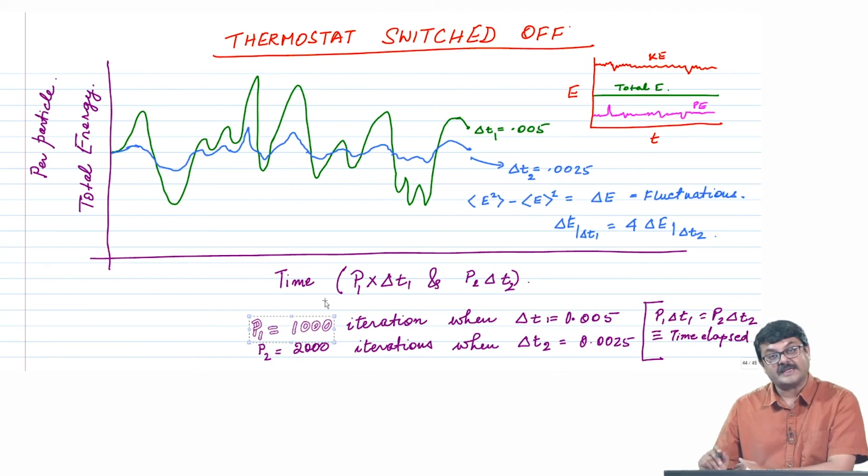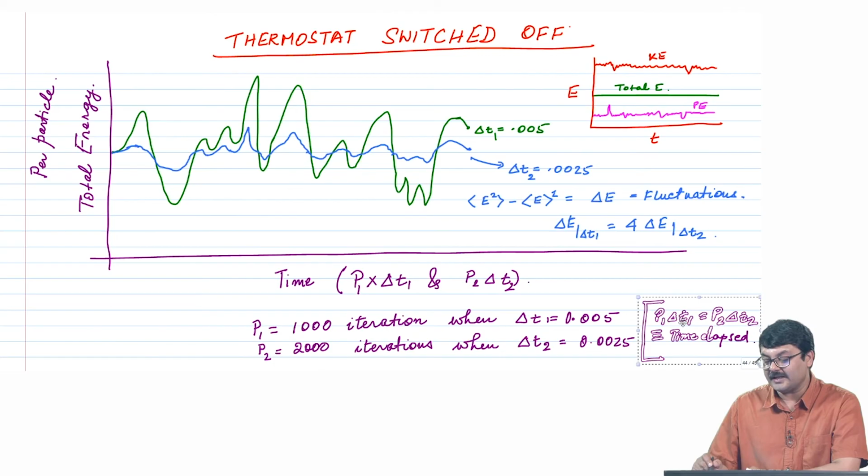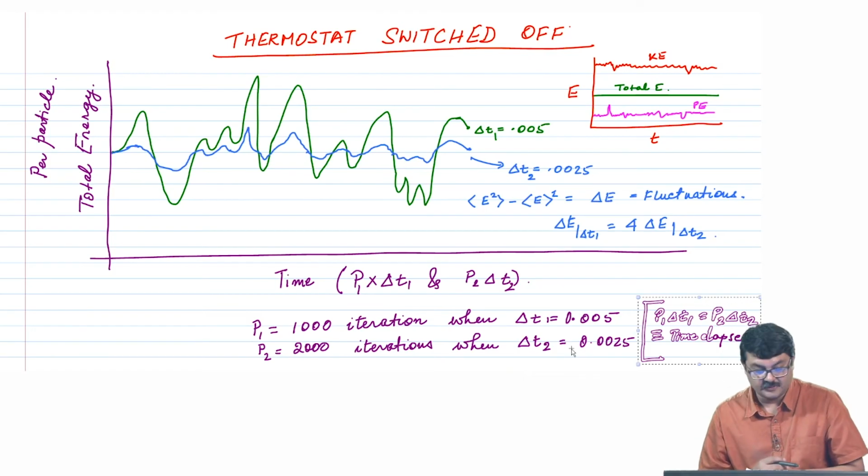So that the total time elapsed in that test run remains the same: p1 delta t1 equals p2 delta t2, where delta t2 is the smaller integration time constant.